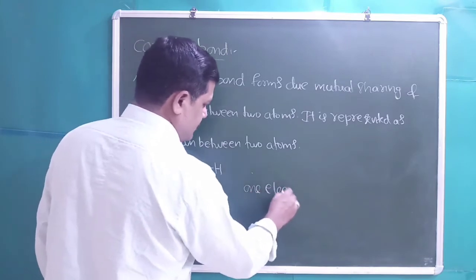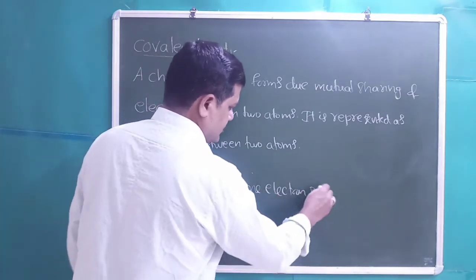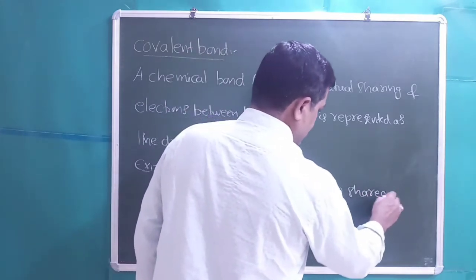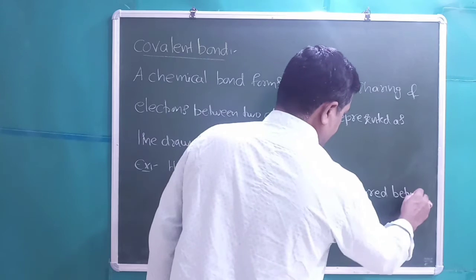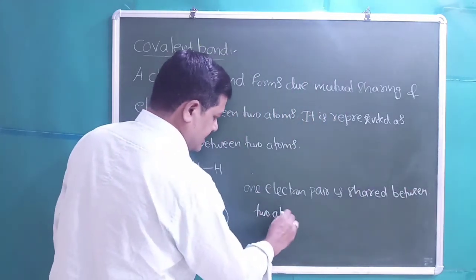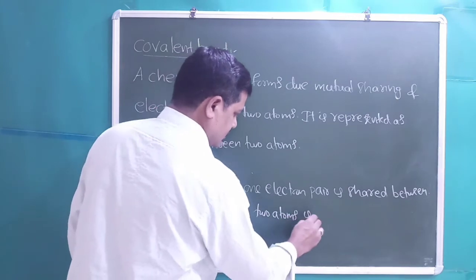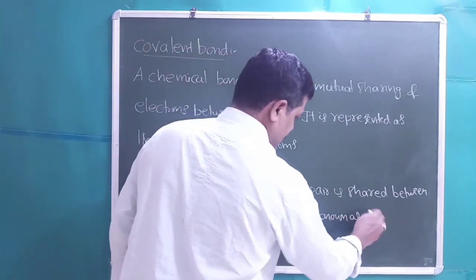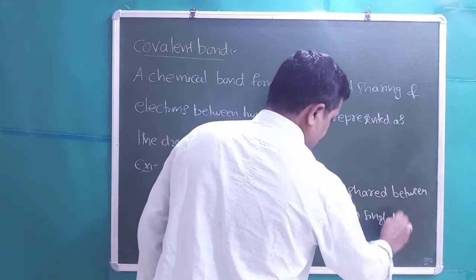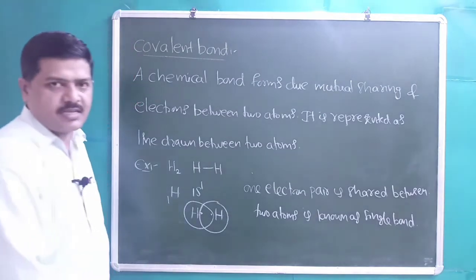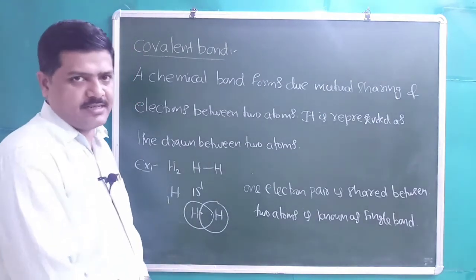One electron pair shared between two atoms is known as a single bond. Next, let us discuss the double bond and triple bond.